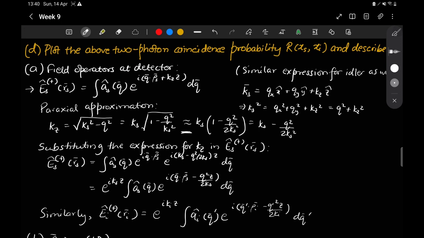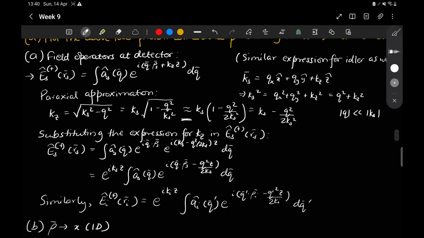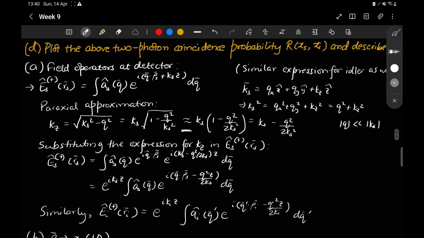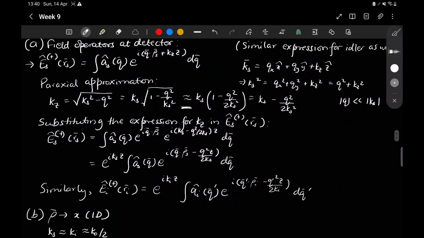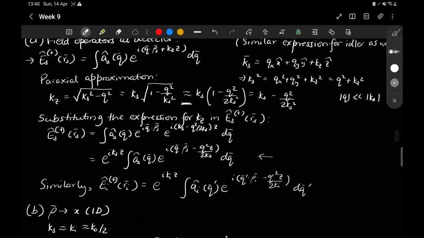Because we assume that Q is much less than the magnitude of Ks. This is the paraxial approximation. This means that the x and y extent of the wave vector is negligible and it is largely along the z direction. Using that, we came up with the final expression for the field operators at the detector.